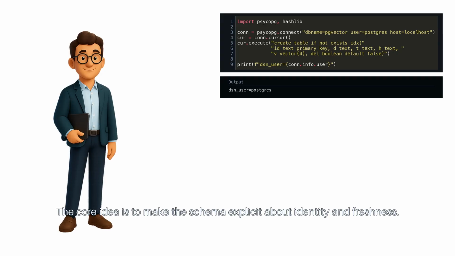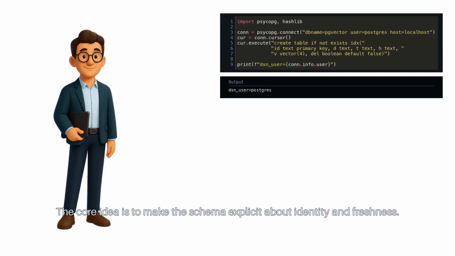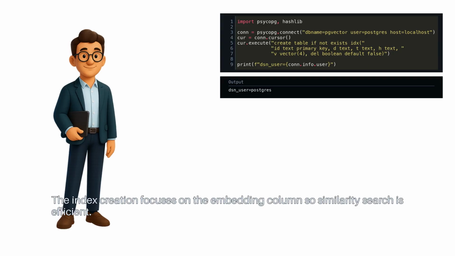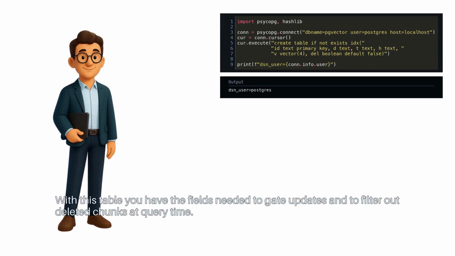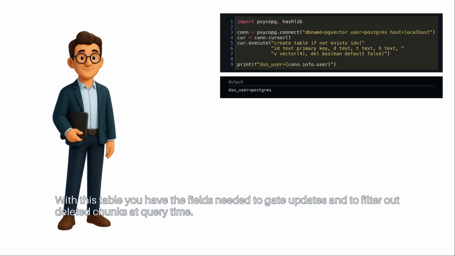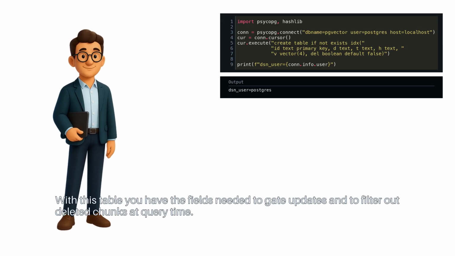The core idea is to make the schema explicit about identity and freshness. The index creation focuses on the embedding column, so similarity search is efficient. With this table, you have the fields needed to gate updates and to filter out deleted chunks at query time.